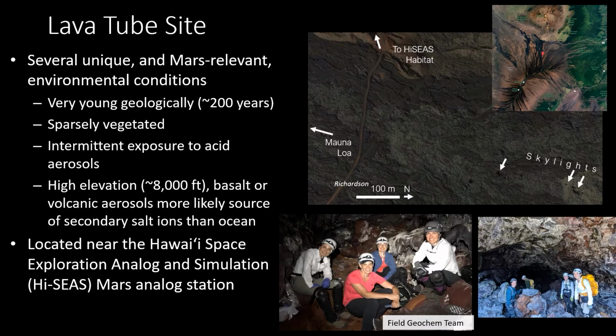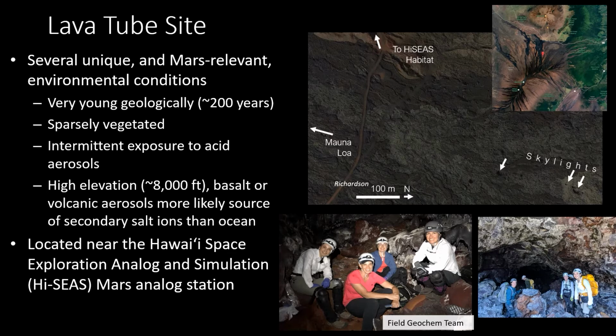And this can be important because of this, the components that make up the alteration minerals that we're studying with the in situ instruments and others are likely derived from the basalt the lava tube is in, or the volcanic aerosols I just mentioned that interact in the lava tube environment, and are less likely from an oceanic source, which would obviously be less Mars relevant.